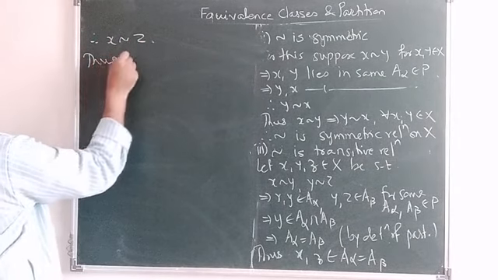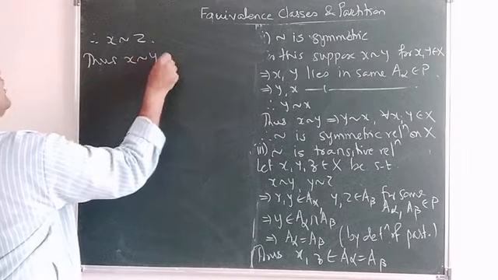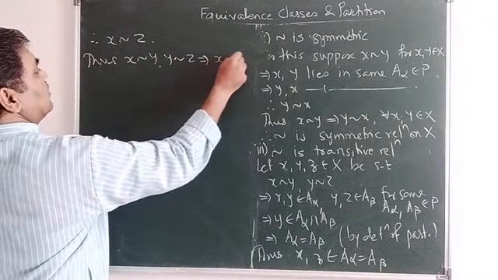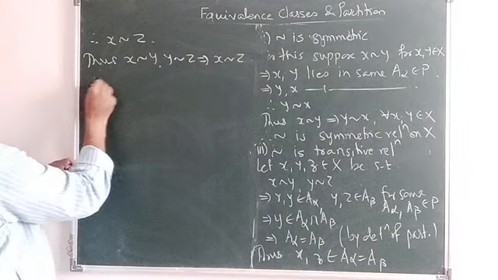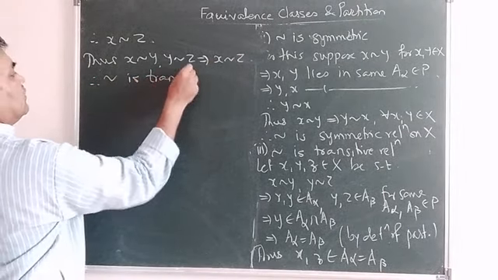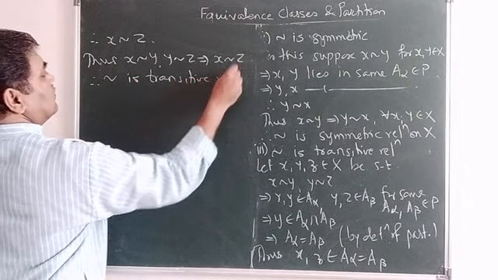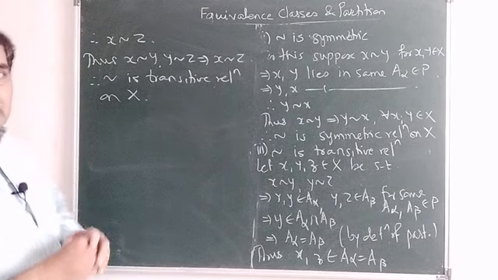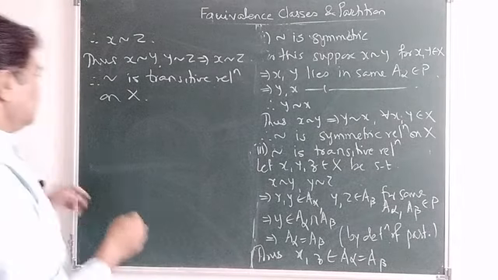Thus, x related to y, y related to z implies x is related to z. And therefore, tilde is a transitive relation on X.